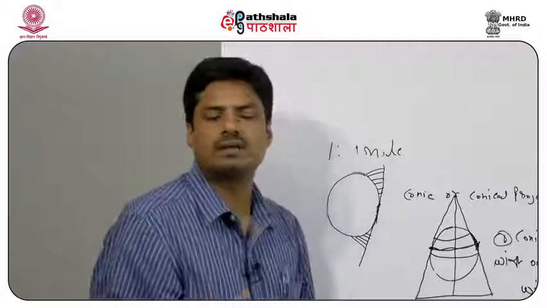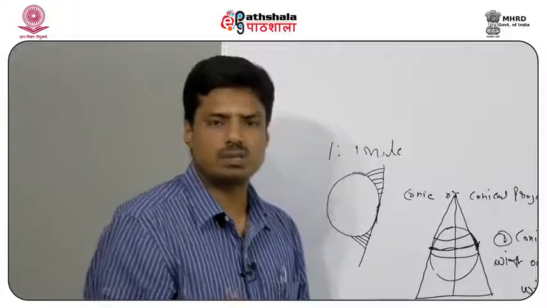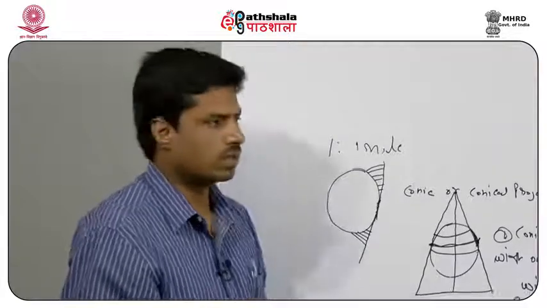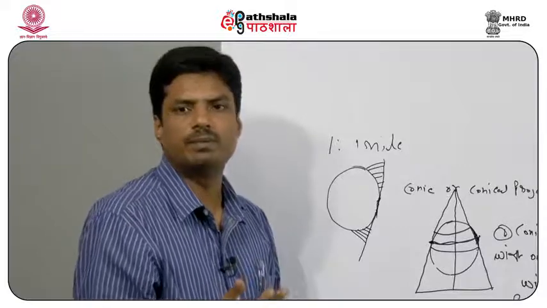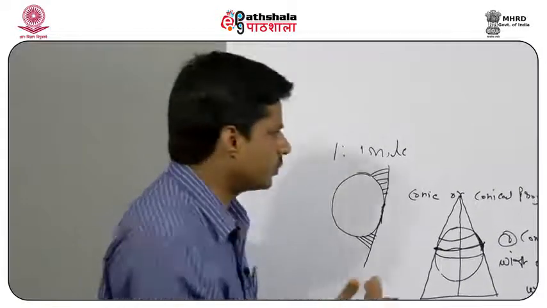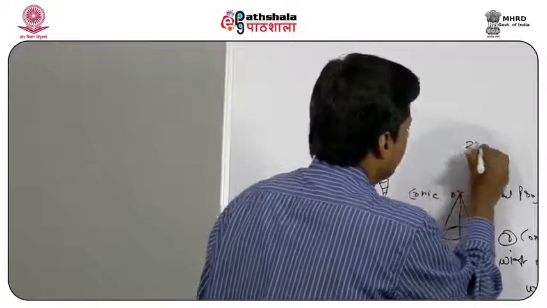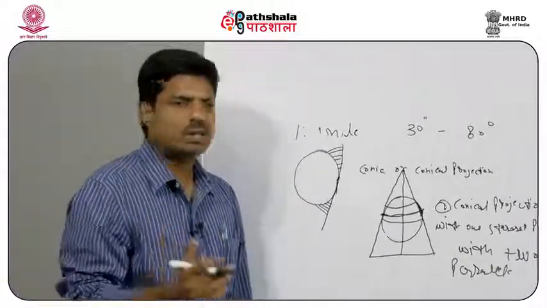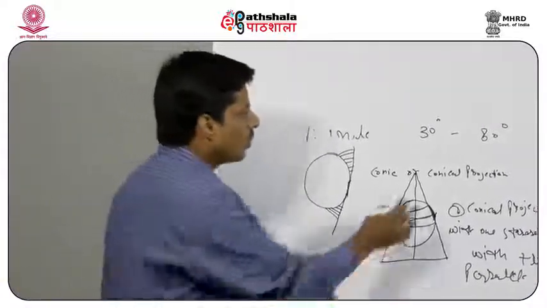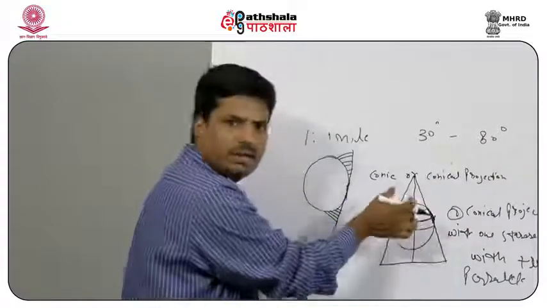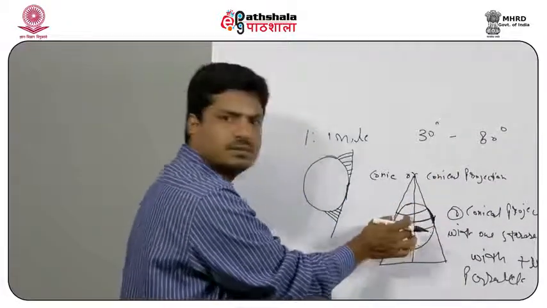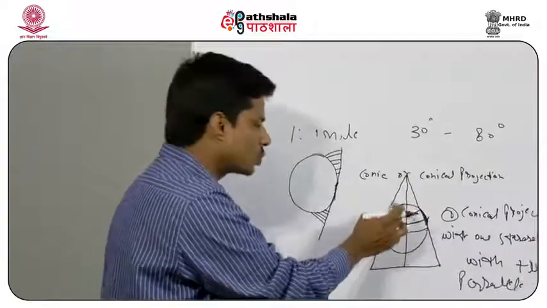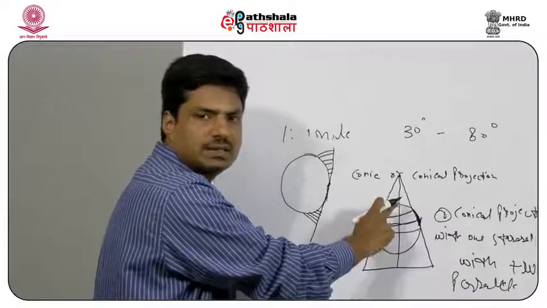But we have to select these two standard parallels very carefully. Dear friends, suppose we want to draw a map of the latitudes between 30 degrees and 80 degrees. So 2/3 of this gap should be in between these two standard parallels, and 1/6 of the area should be along both sides of these standard parallels.